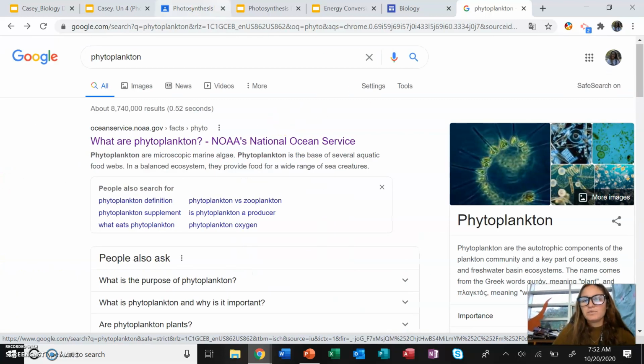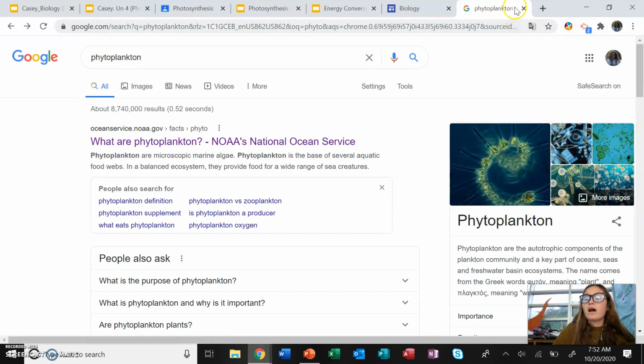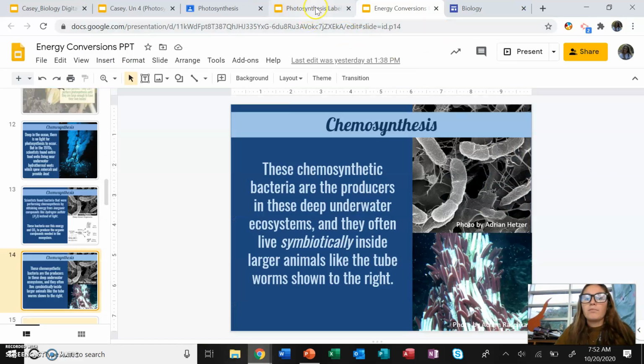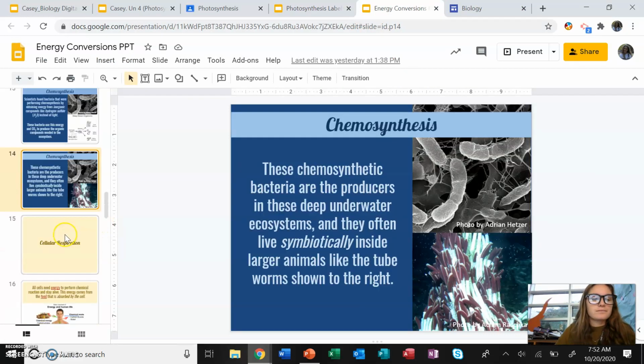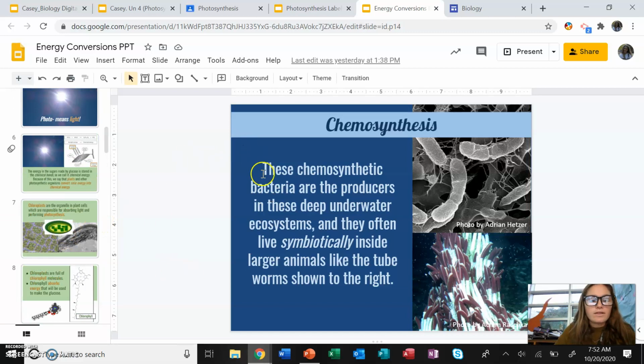But yeah, that's just one example of another organism that creates its own food, another autotroph, basically. And not all autotrophs are going to be photosynthetic, but plants, which we see quite often, are. Yeah. So that is what we have there.